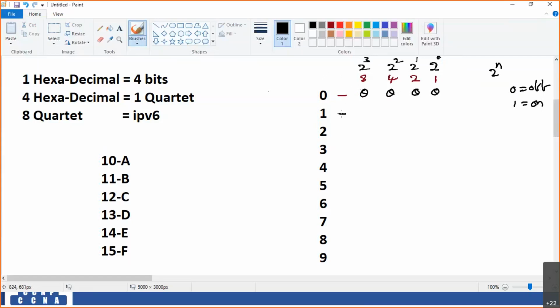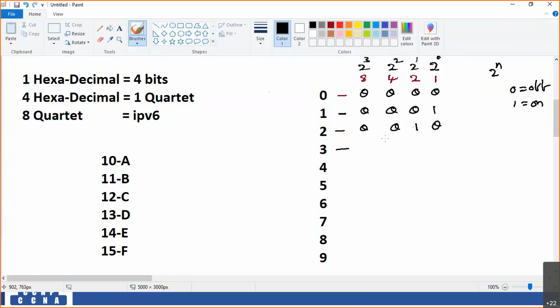Then how can we write 1 in binary? 0001. How can we write 2 in binary? 0010, right?